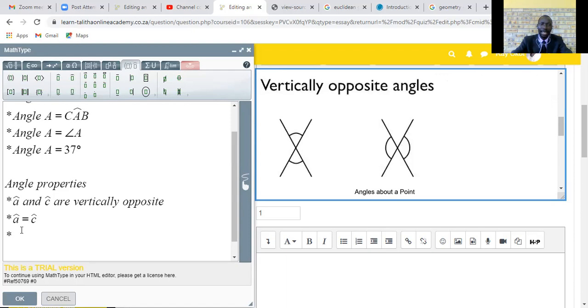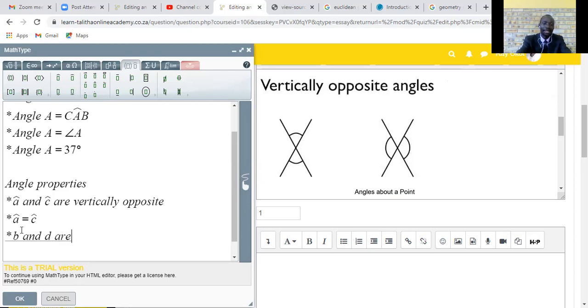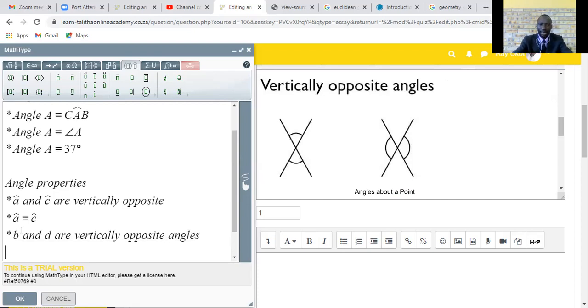So we say angle B and D are vertically opposite angles.